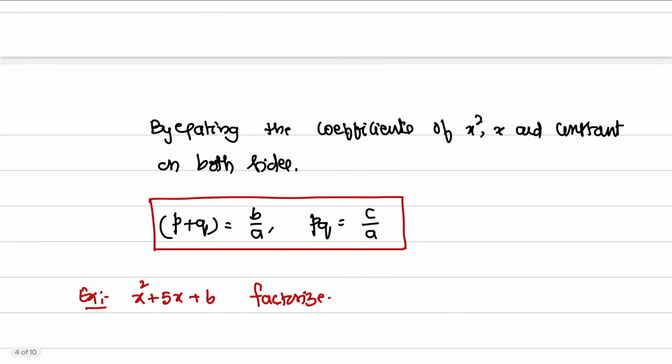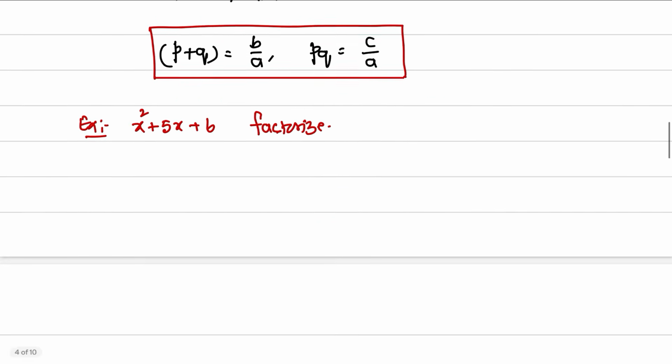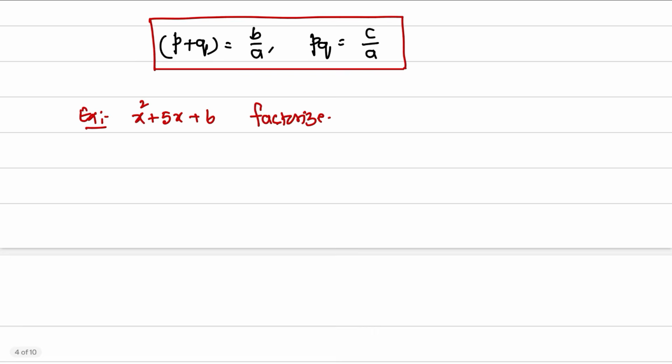Don't go too much into in-depth analysis. We will do the analysis of quadratic equations afterwards. In this lecture, I am only concentrating on the introductory quadratic equation, how to factorize it. That's all. Now, I want to factorize this quadratic equation. Now you just see.